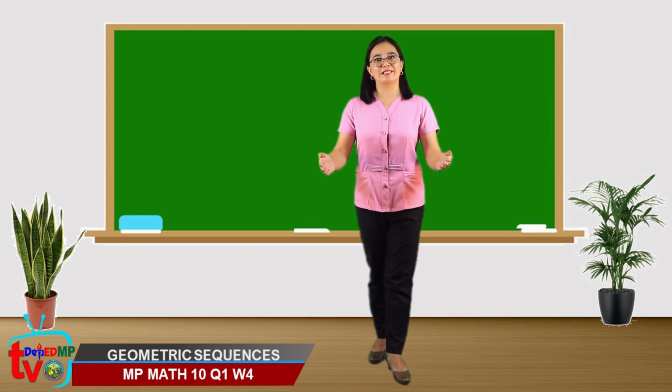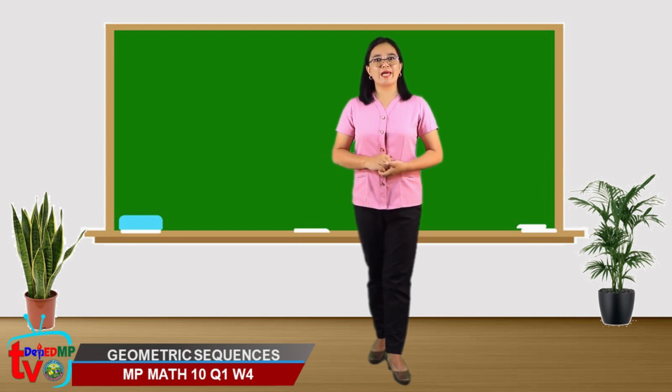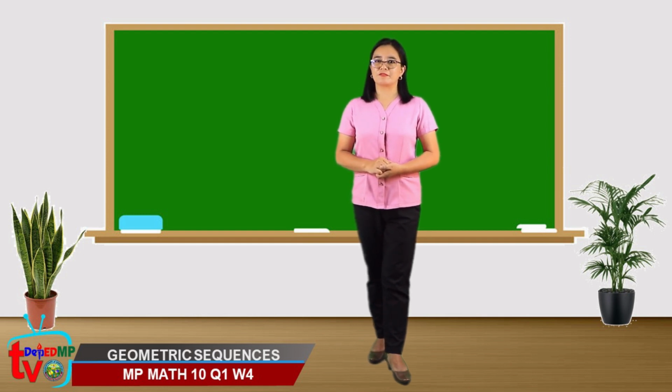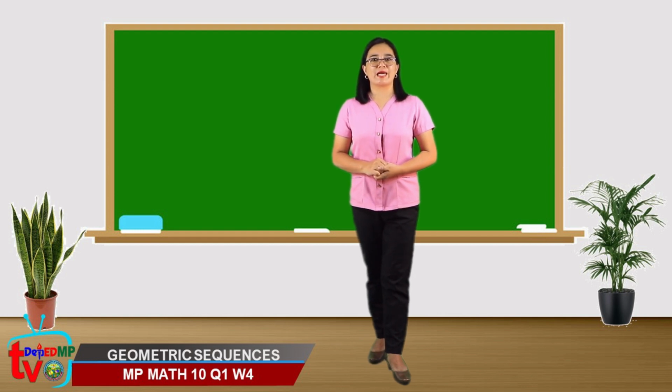There you have it, grade 10 learners. But before we end this video, it's nice to remember these 3 things. First, a geometric sequence is a sequence where each term after the first is obtained by multiplying the preceding term by the same constant.